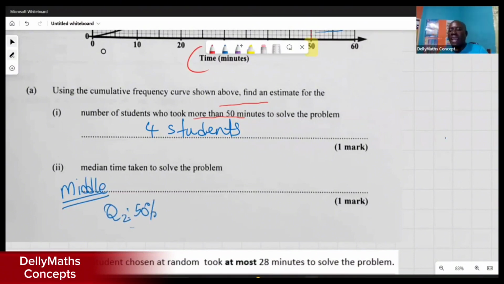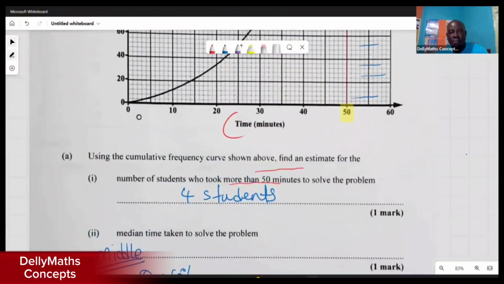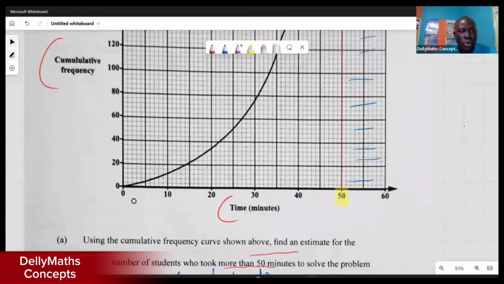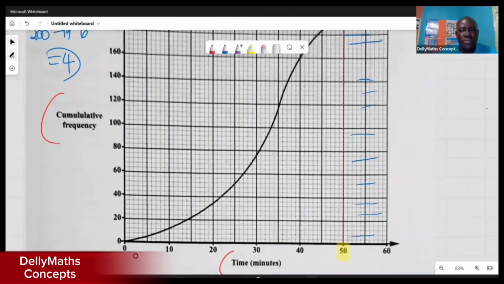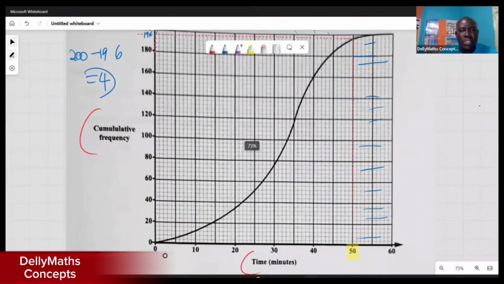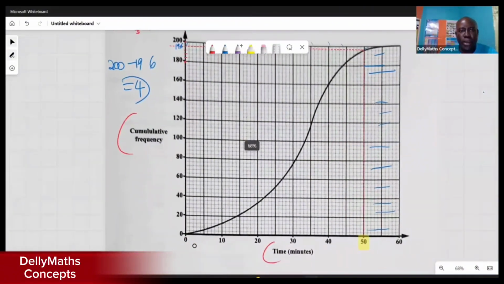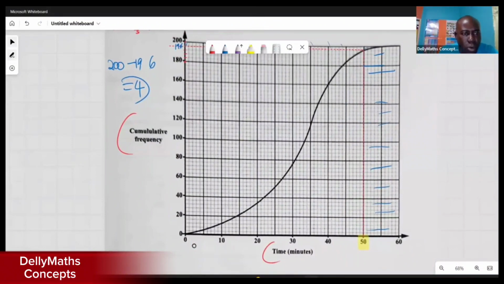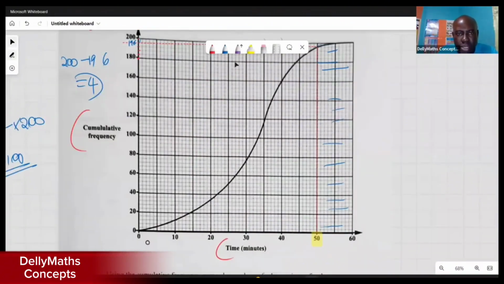So we're going to be looking at the second quartile and use that to find the answer. The sample is 200, so we're talking about 50% of 200, and we know this is 100 students. We're not going to have 100 as the answer, but we're going to use 100 as the marker to help us find the answer.